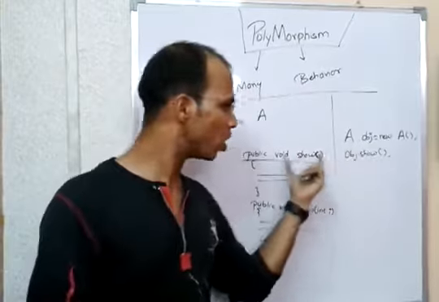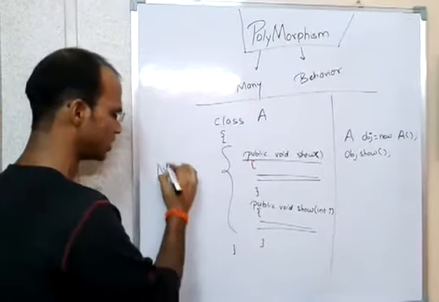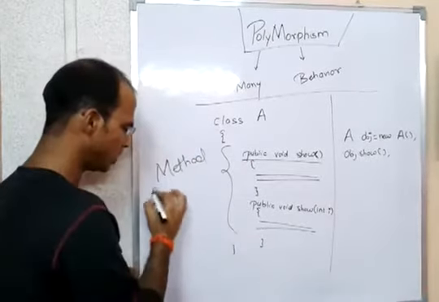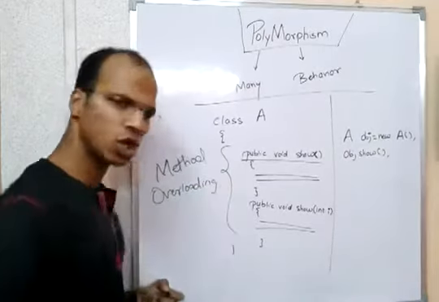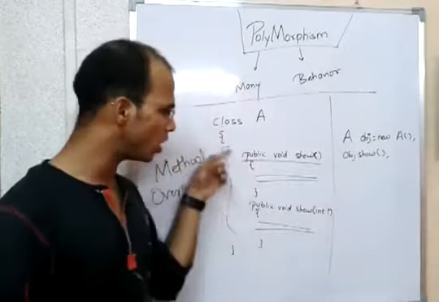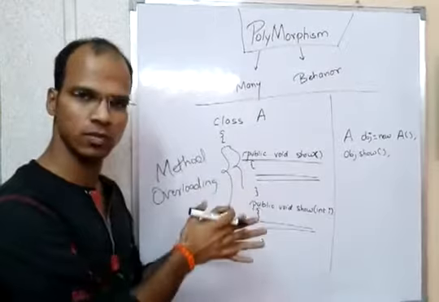That means it will call this method, and this concept in polymorphism, because we are dealing with methods, is called overloading. In short, you have two methods. If you call this statement, it will call this function. That means you are overloading a function.